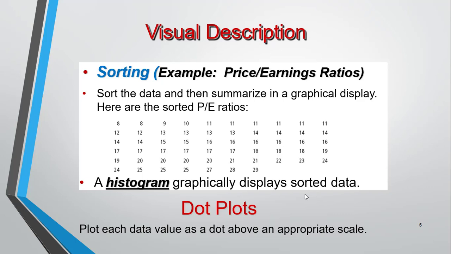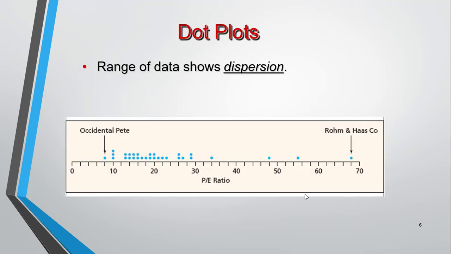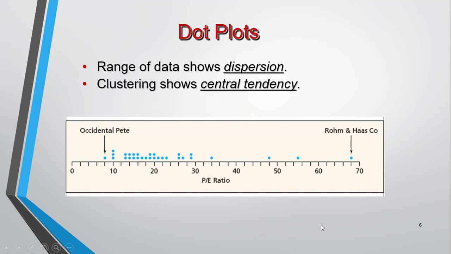In dot plots, you plot each data value as a dot above an appropriate scale, such as this one. This one shows here the scale from 0 to 70, and each dot represents a company. Right? The range of data shown is the dispersion. Yeah, that's how wide this thing is. Right? The dispersion, and the cluster shows central tendency.